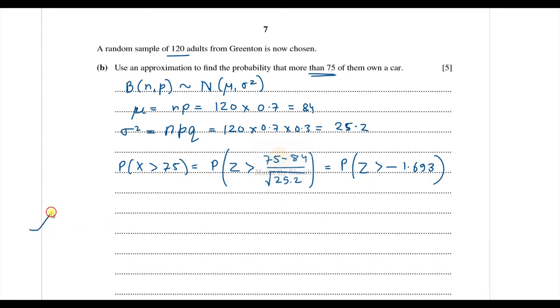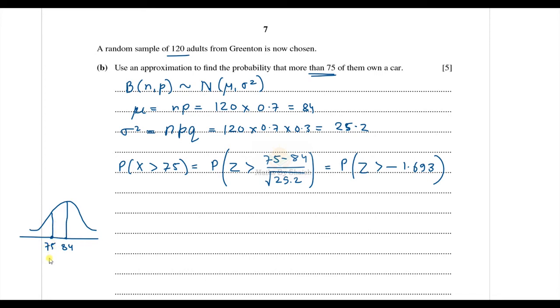Now we'll find out how to find this probability. If this is the normal distribution curve and this is mu, the mean, 84, then 75 will lie somewhere here, and you are finding more than that.